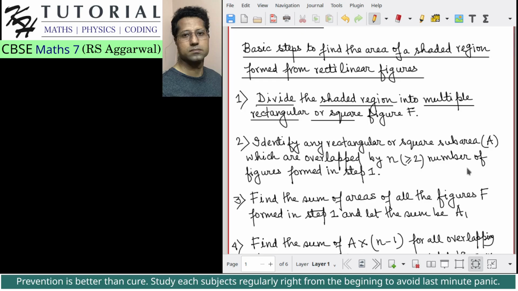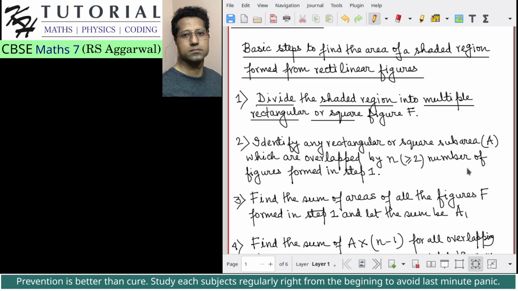The second step is that once you have decomposed the entire shaded region into multiple rectangles and squares, you need to identify whether there is any rectangular or square sub area which is overlapped by two or more figures that you have formed in step 1.